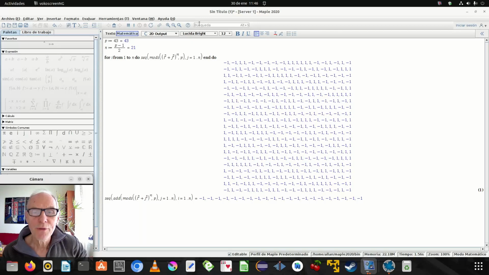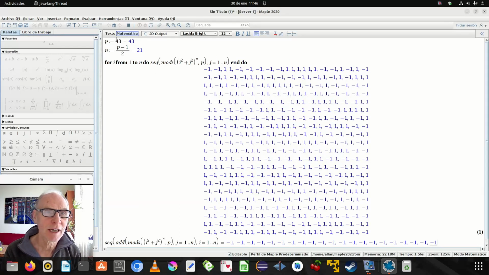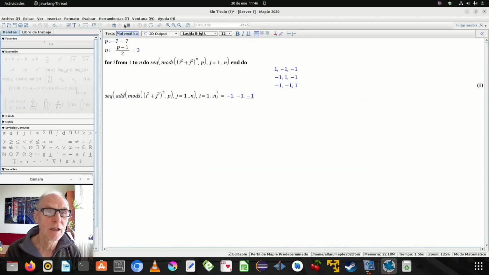I just checked my theory on Maple with various primes. Just make it slightly bigger for you. Now if we take 7, then we compute the first quadrant with imaginary part equal to 1, 2, and 3.